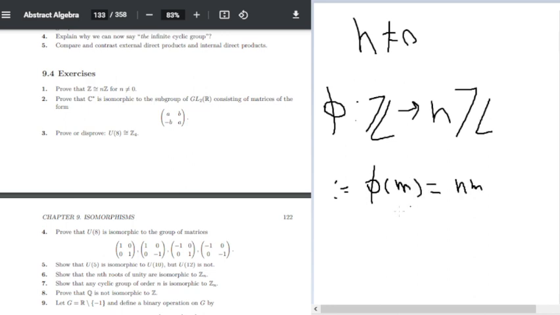So obviously, it should be clear that this is a one-to-one and onto map, just because we're working with integers. As well, phi of 0 equals n times 0, which is just 0.